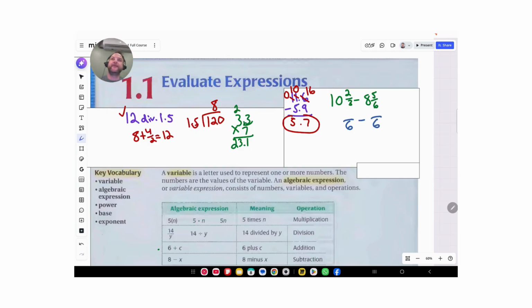We are subtracting, so I'll be sure to put that minus sign there. Now we have our common denominator, 6. So we can write 10 and 2/3 as 10 and 4/6. For example, 3 times 2 is 6 and 2 times 2 is 4.